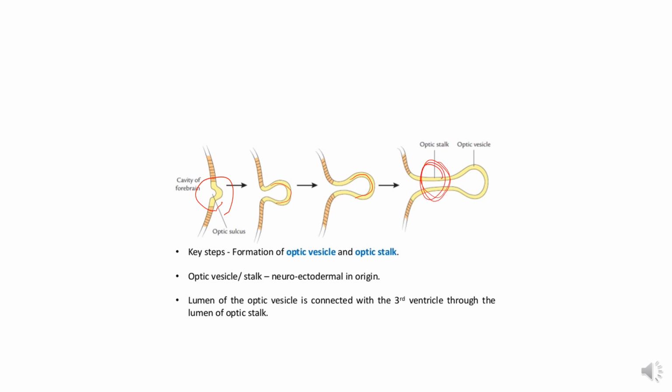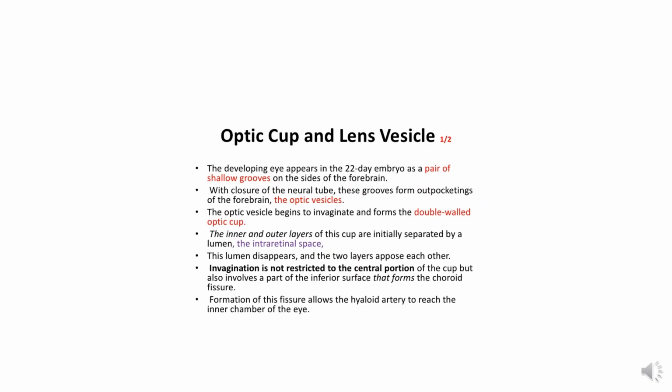This narrow proximal part will form the optic stalk, and the distal expanded part will form the optic vesicle. Now two structures are formed from this activity, the optic cup and the lens vesicle.